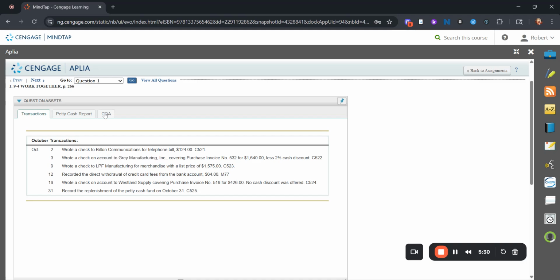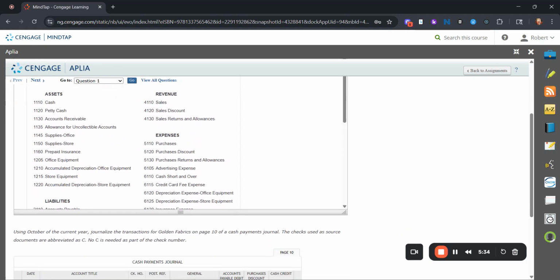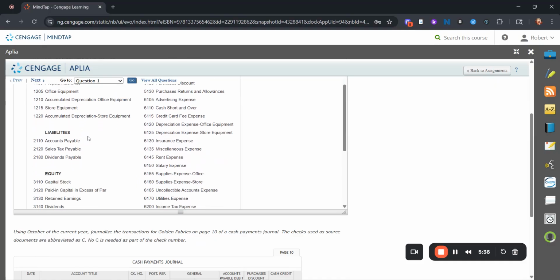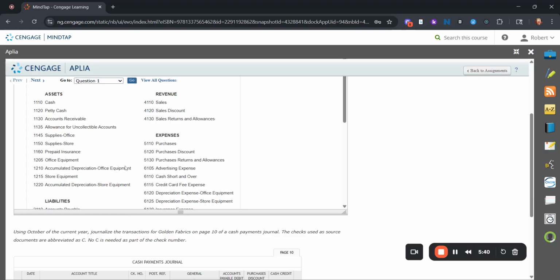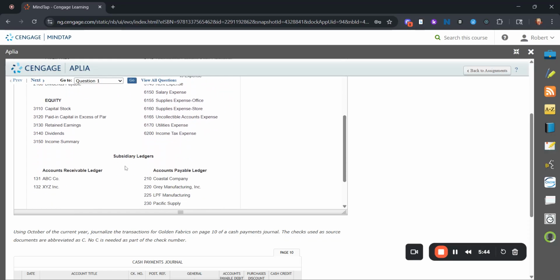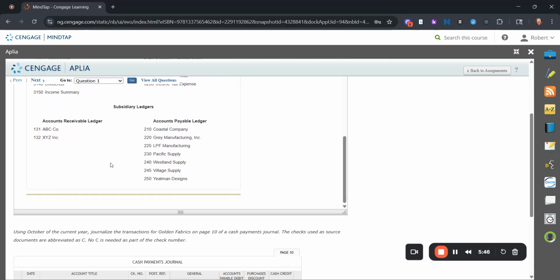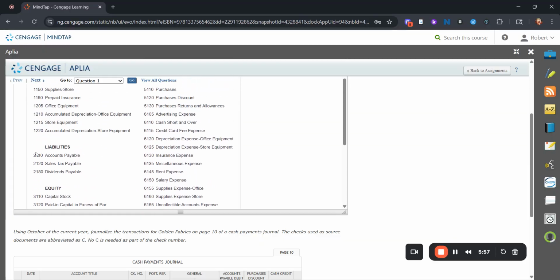So a check was written on account, so that means it was a liability. So that is going to be down here. Typically, it's going to be under the liabilities.